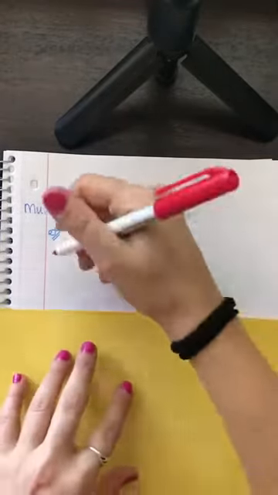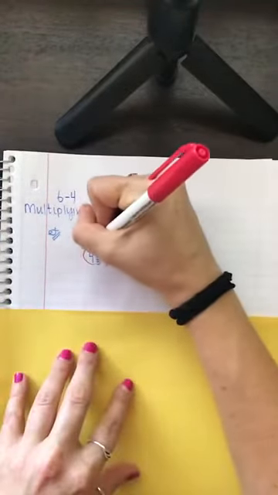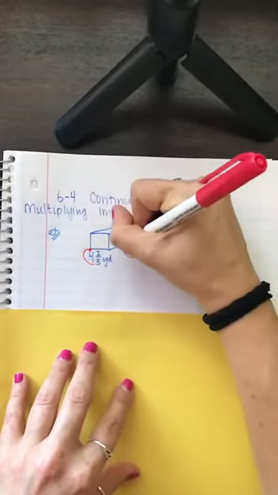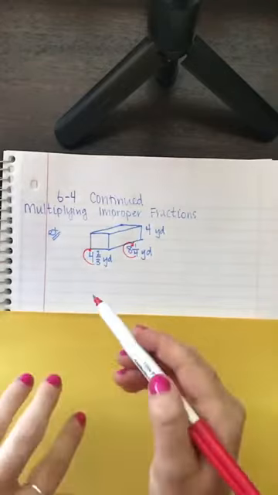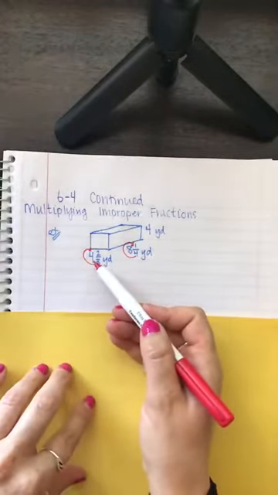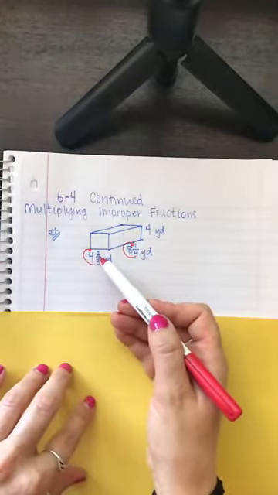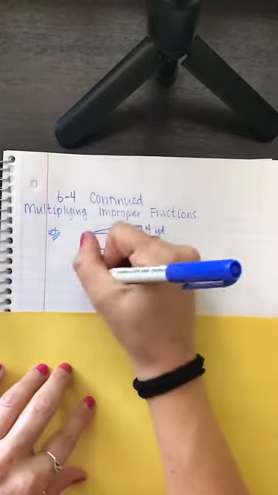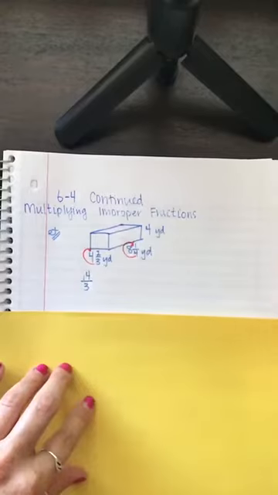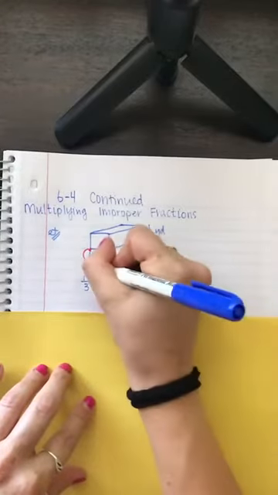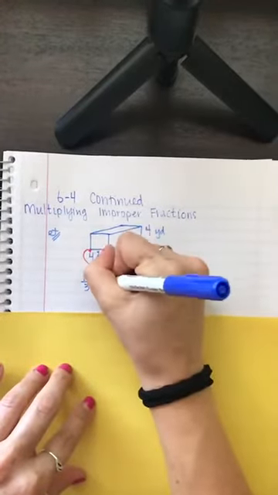I'm going to use the backwards C on each of these to make it into something that I can multiply. This one is 3 times 4 is 12 plus 2 is 14 over 3. That's this one.